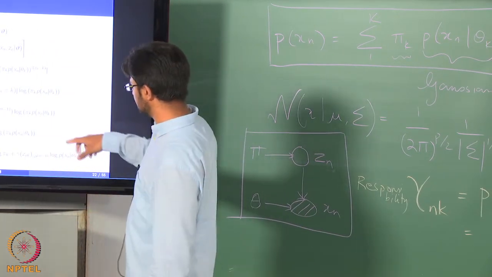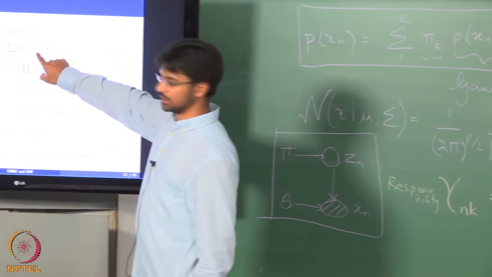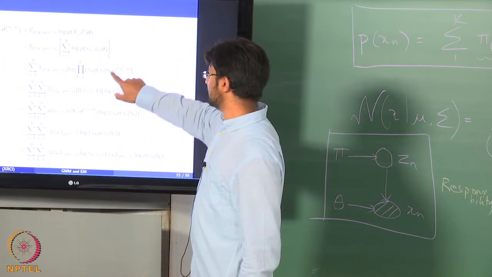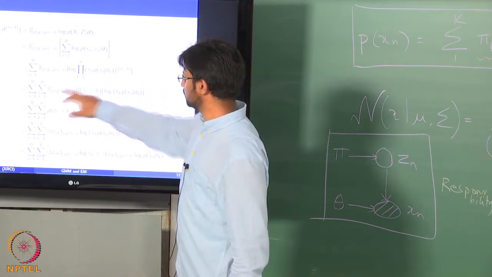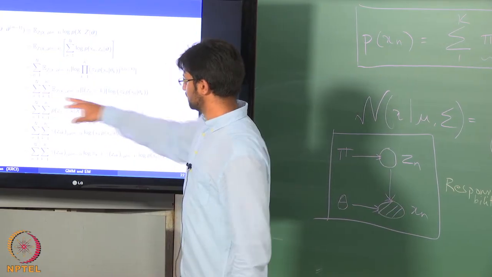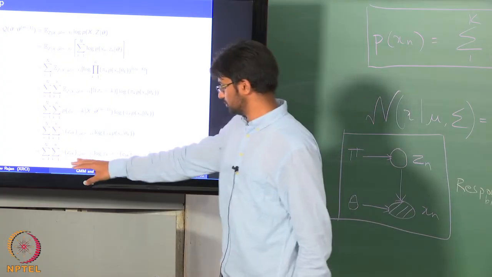And how did that happen? It happened mainly because we were taking the complete data likelihood. The complete data likelihood gave us a nice mathematical form here, which due to the expectation all the summations got pushed out, and we got this nice form for Q.